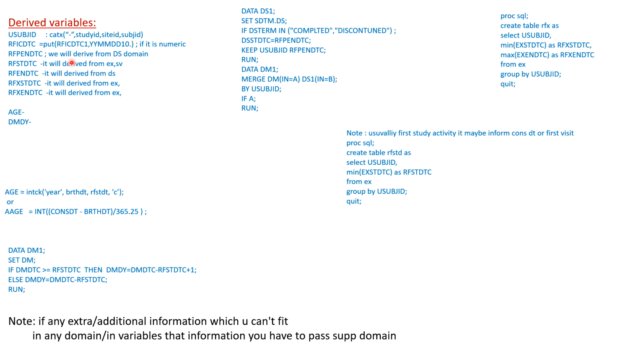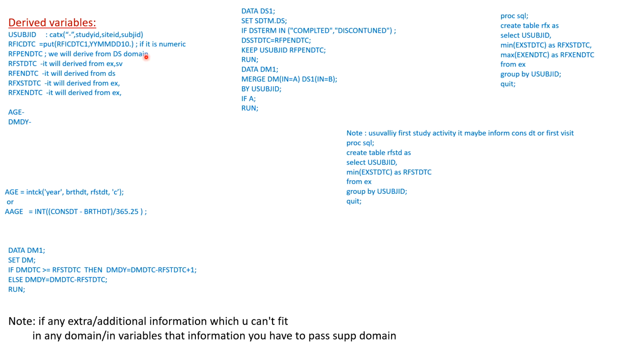Derived variables in the DM domain. In the DM domain, the derived variables are USUBJID, RFICDTC, RFPENDTC, RFSTDTC, RFENDTC, RFXSTDTC, RFXENDTC, AGE, and DMDY. We'll discuss how each variable is derived here. First, USUBJID is derived using the CATX function with a separator over study ID, site ID, and subject ID.